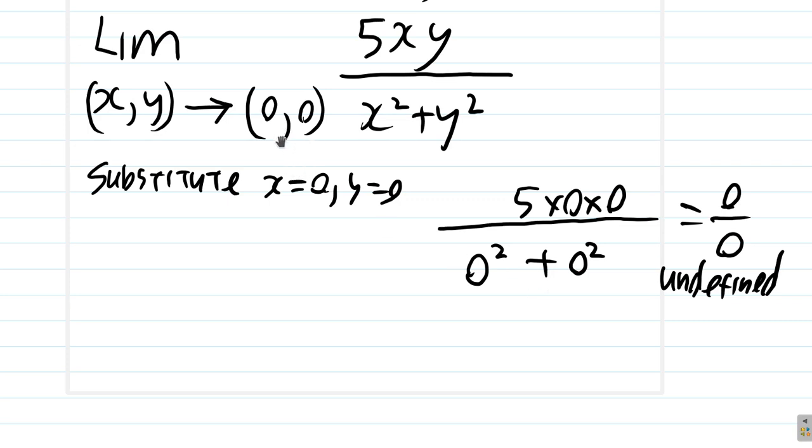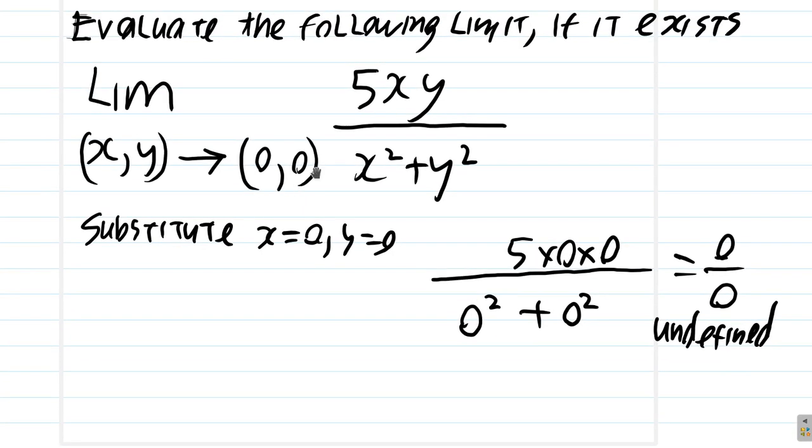Now, can we divide both numerator and denominator by anything to make this work? It doesn't seem so from what I'm looking at, because both x and y approach 0.